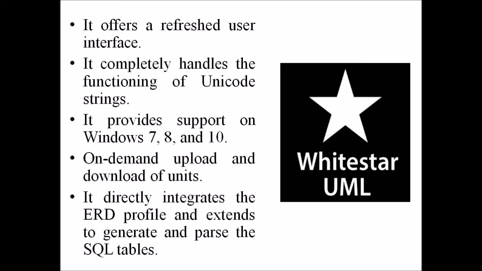So the major features are: it offers a refreshed user interface, it completely handles the functioning of Unicode strings, it provides support for Windows 7, 8 and 10, on-demand upload and download of units are available, and it directly integrates the ERD profile and extends to generate the parse and the SQL tables.